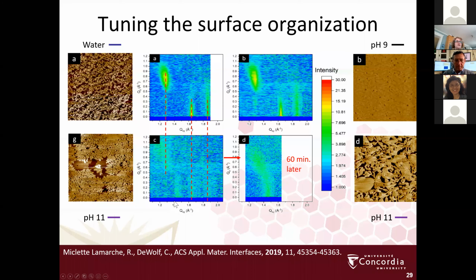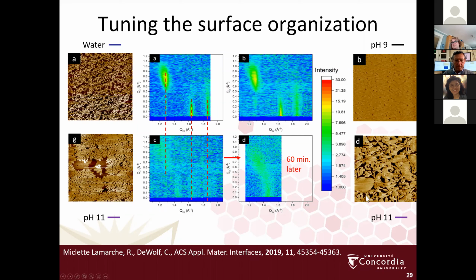The peaks that correspond to our original structure disappear and we're left with this new structure, which has no head group organization and is a standard chain organization only. So as the charge accumulates and as the deprotonation takes place, we have a change in the unit cell to one with much lower tilt.